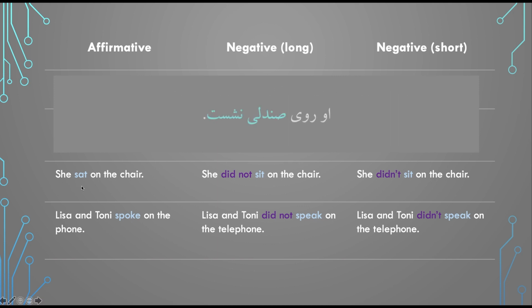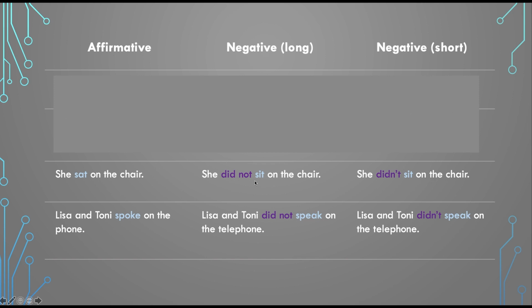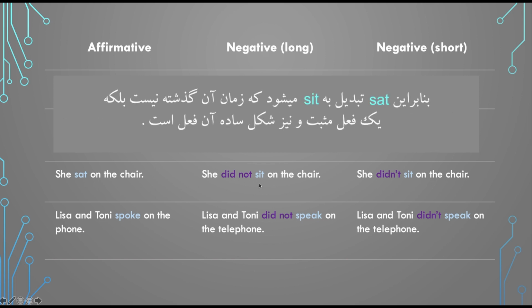So she sat on the chair. In the negative, she did not sit on the chair. So sat is the past simple, but you need to change this verb in the negative. So sat, but in the negative, sit.